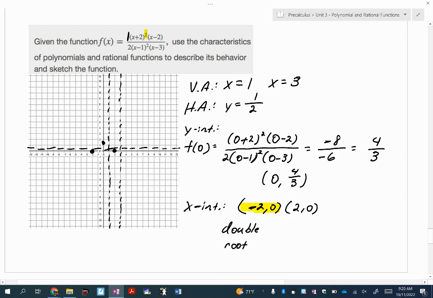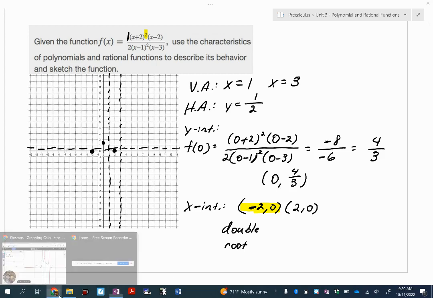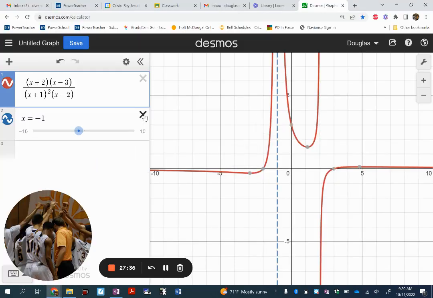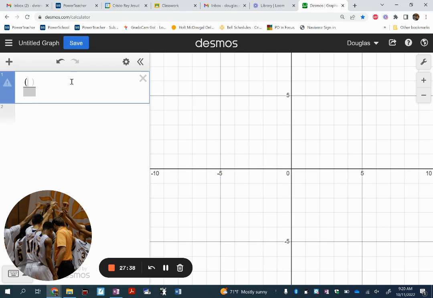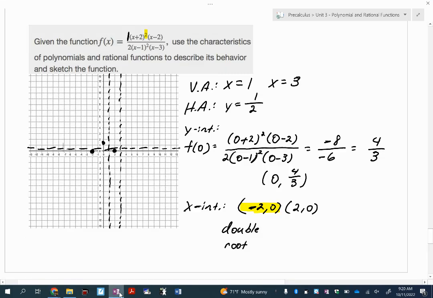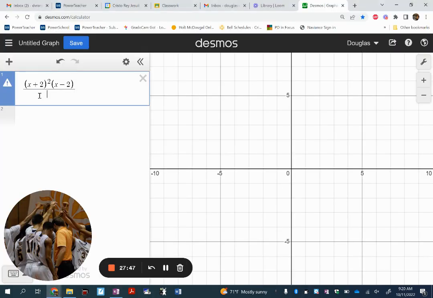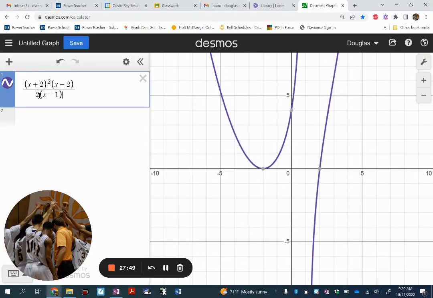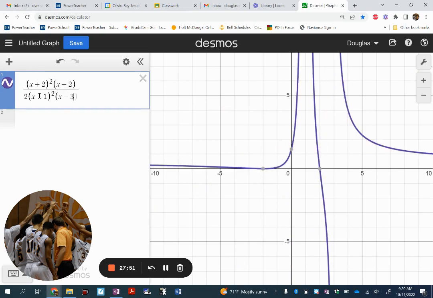Let me go ahead and type this into our graphing calculator so we can see what the rest of it looks like. So (x plus 2) squared times (x minus 2), and then 2 times (x minus 1) squared times (x minus 3).